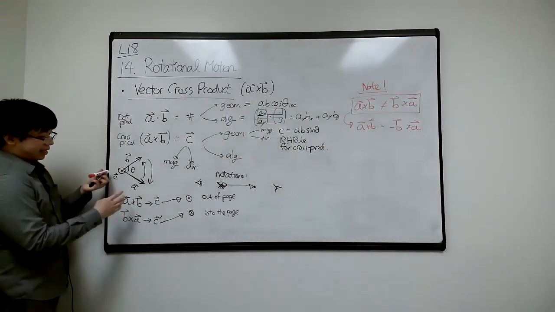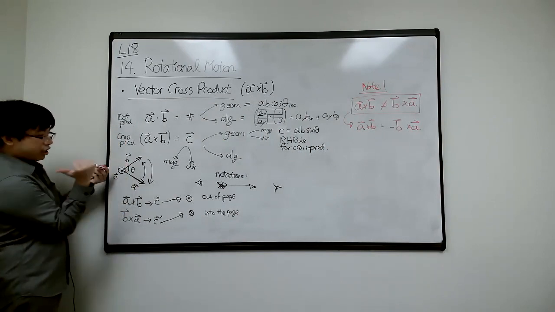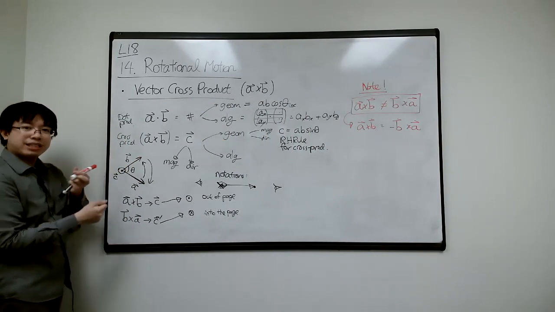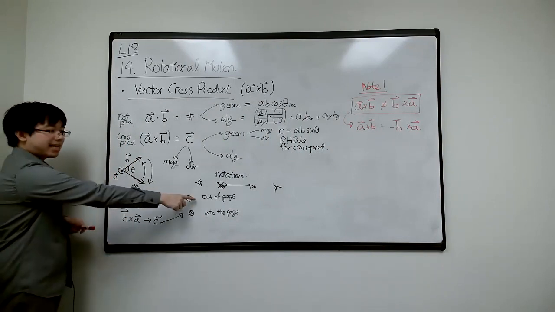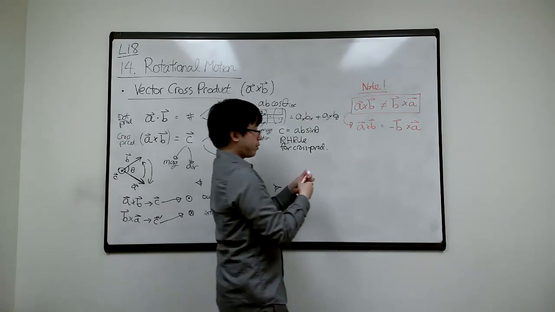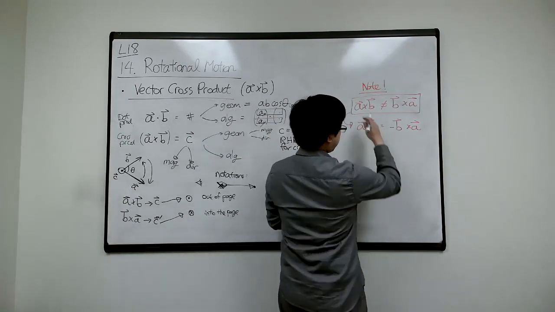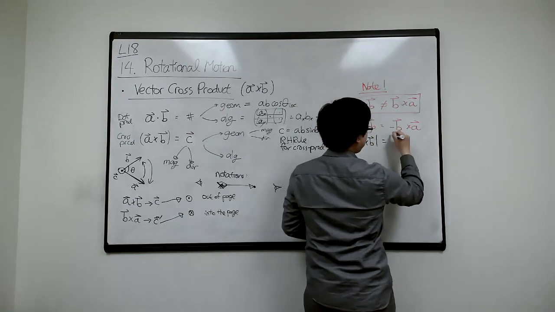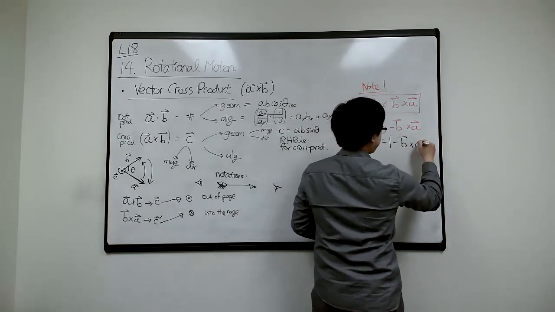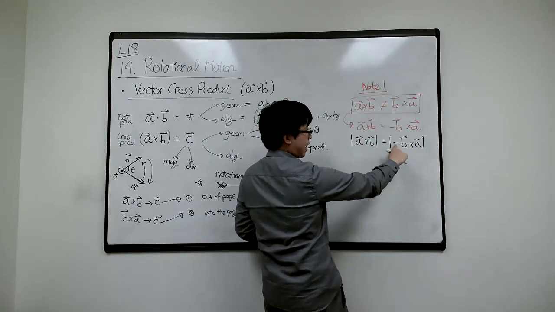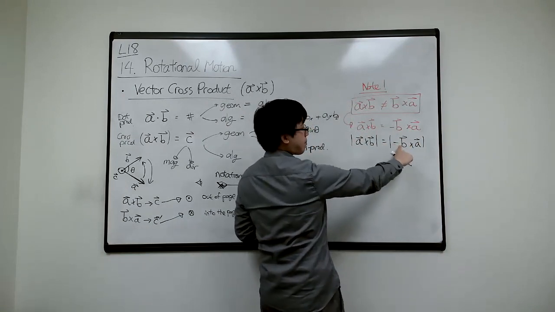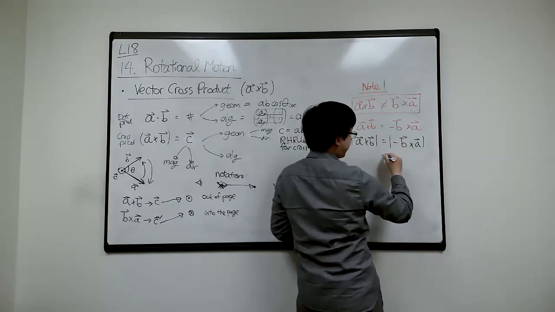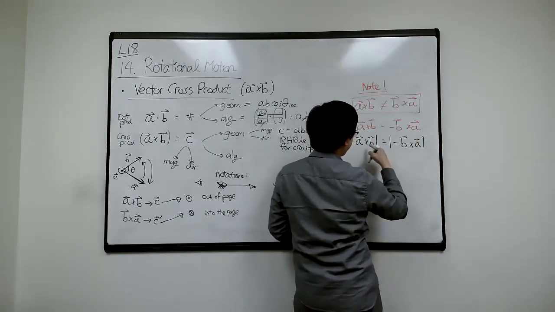Why? I think it's obvious. A cross B points out. What is B cross A? It points in, so it's just the opposite direction with the same magnitude. What I can do is look at the magnitude on both sides. The absolute value negates the negative, so you just have the magnitude of B cross A. So what's A cross B?